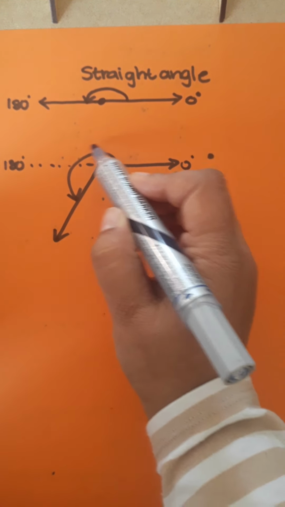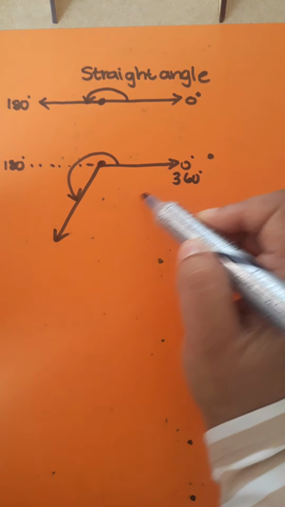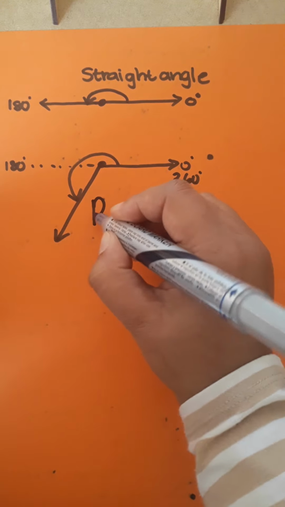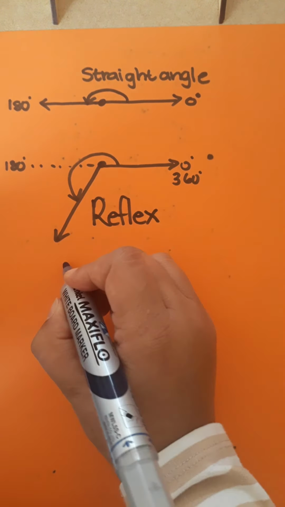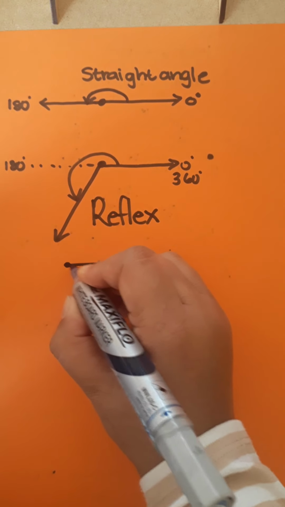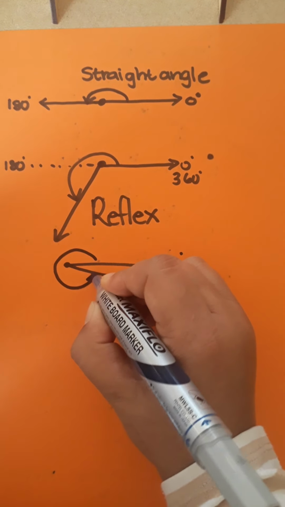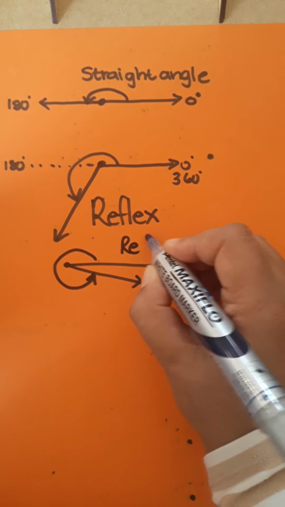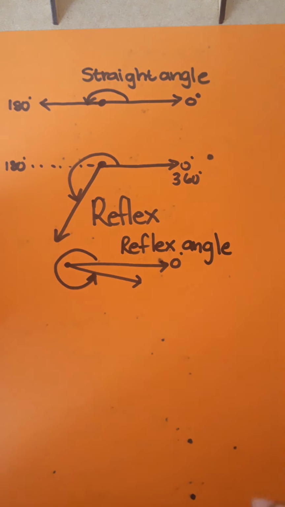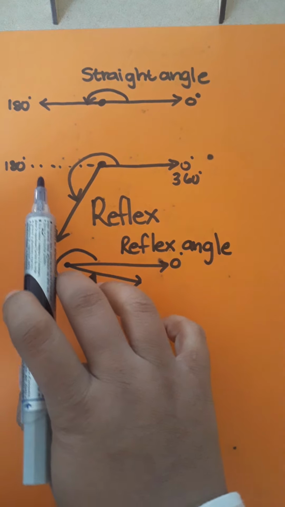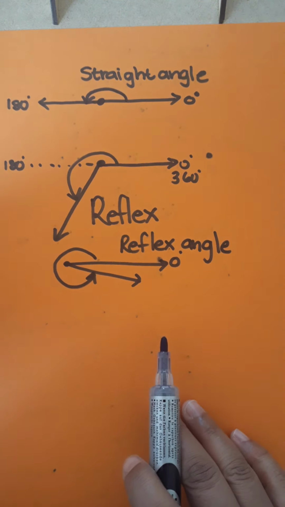But in this case, I have an angle. There's 180 here. It's greater than 180, but it's less than the 360 degrees. And we call this a reflex angle. So this reflex angle could lie anywhere. It could even be in this position, closer to the 360 degrees. And this whole angle here would also be known as a reflex angle. Okay, so reflex angles lie anywhere between the 180 and the 360 degree angles.